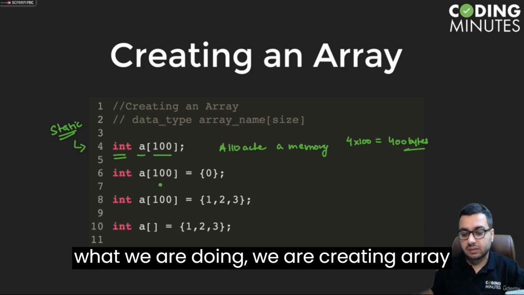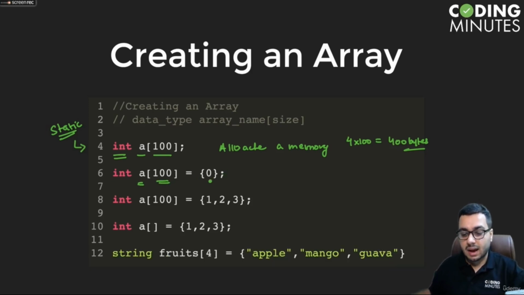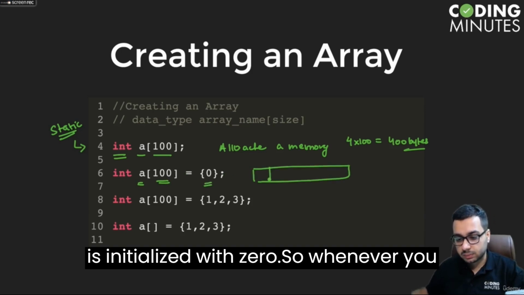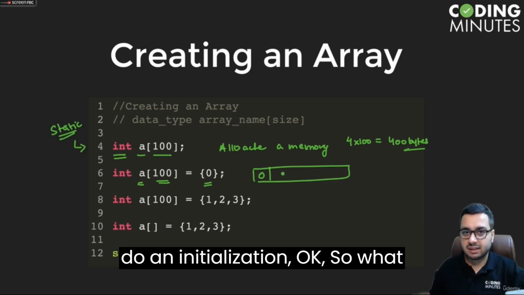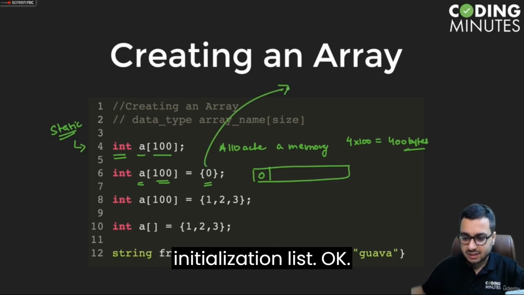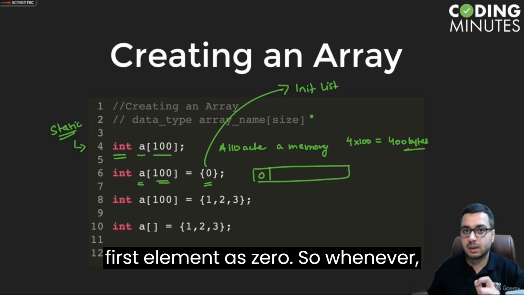Here we are creating an array with 100 elements, and the first element of the array is initialized with 0. This is called an initialization list. In this list we only define the first element as 0.